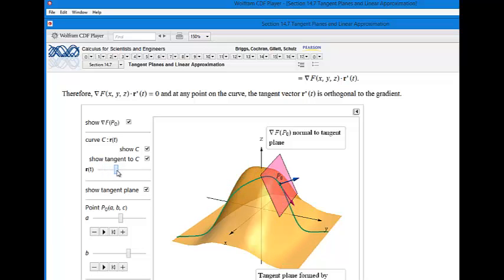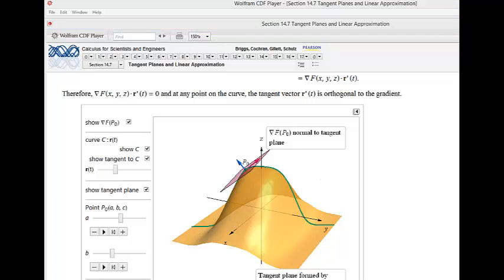Doesn't matter which curve you're talking about. R of t could describe any curve going through that point. And it also doesn't really matter where P naught is, right? See how the gradient vector is always orthogonal to your... Okay, so now we have a much easier way of doing this problem in a way.